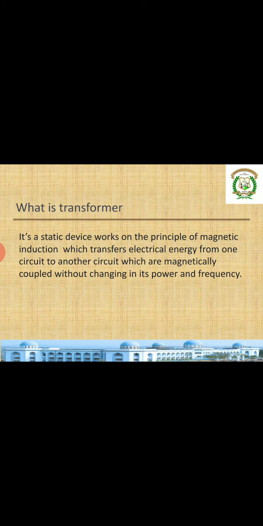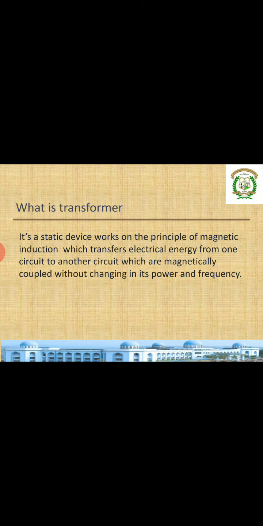Here, electric energy is not transferred to the other circuit by electrical connection, but through magnetic connection or magnetic coupling. The two circuits are coupled magnetically. There is no electrical connection between the two circuits, but there is a magnetic coupling.